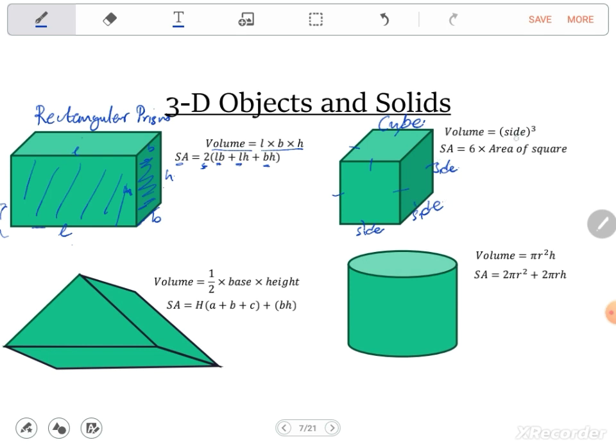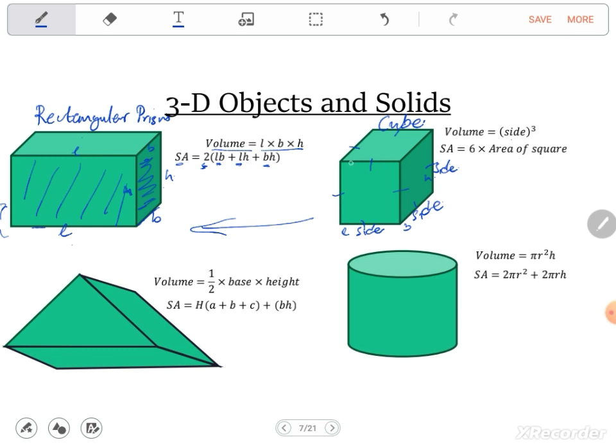So we simply say it is side cubed. If we are going to refer it back to the rectangular prism, we would say this is the length, and this is the breadth, and this is the height. But because they are all the same, we'll have the length times the breadth times the height, which simply says side, side, side. Side times side times side, which is side cubed.